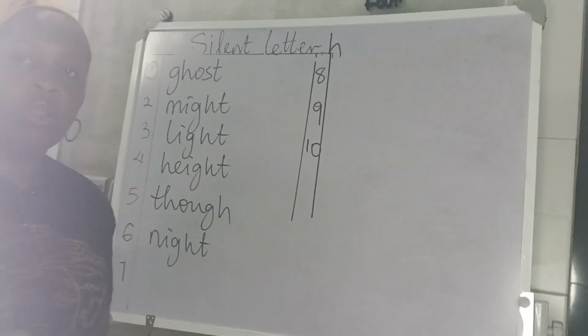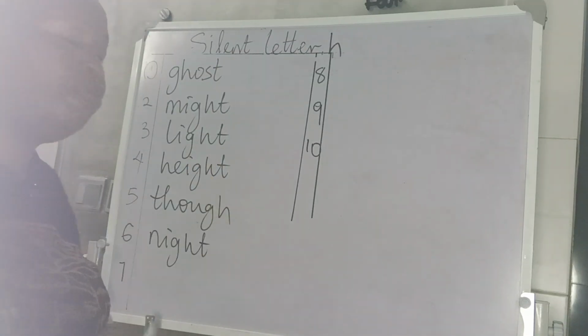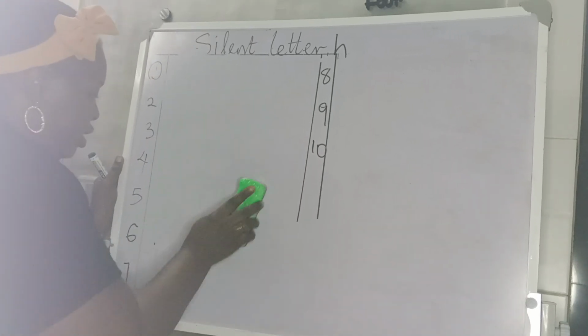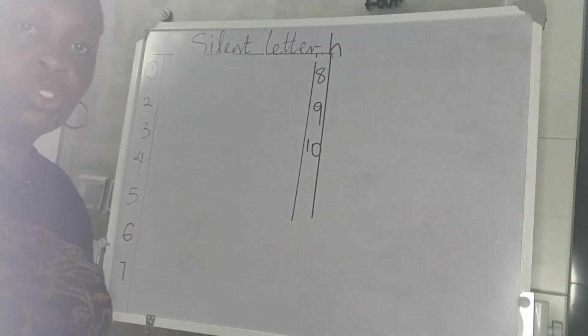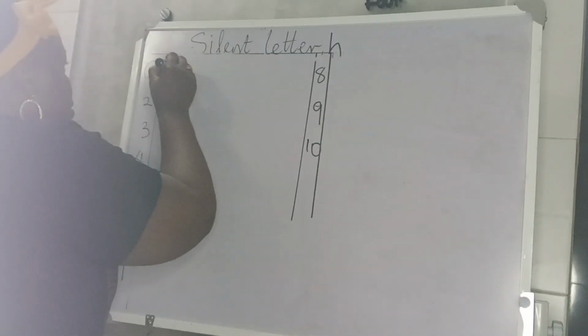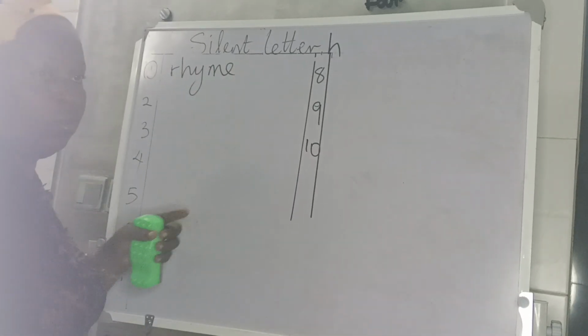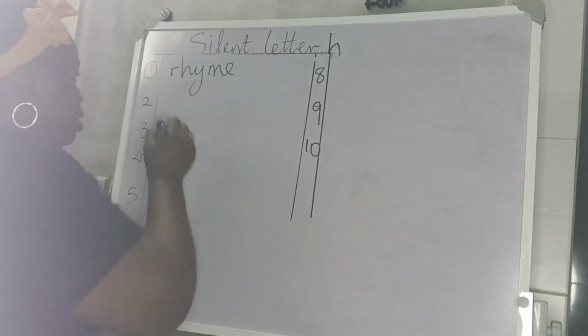And so many others. Now let's look at when R comes before H. When R comes before H, it also makes it a silent letter. The H there is silent. We have rhyme. Rhyme, the H is silent.